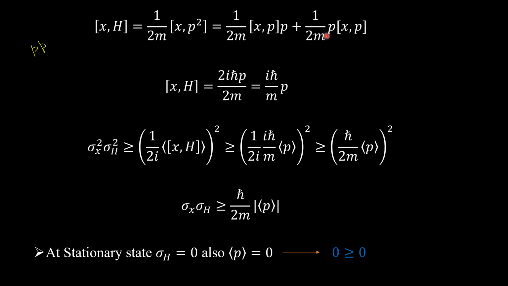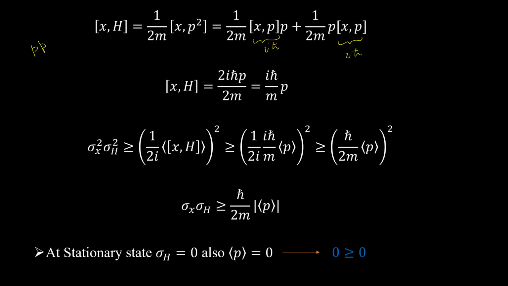Similarly, the left hand side p we are taking to the left hand side. So this will become 1 over 2m, p times the commutator of x with p. The commutator of x with p is equal to i h cross, and here also it is i h cross. Here you have p, here also you have p outside the commutator.